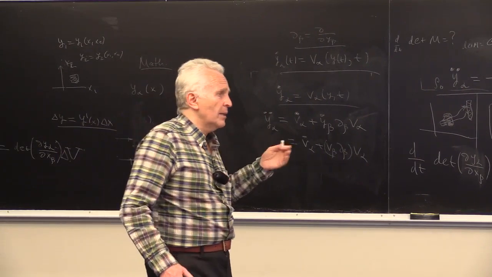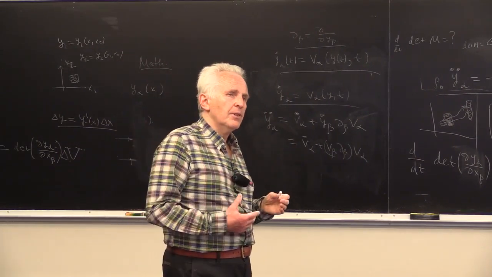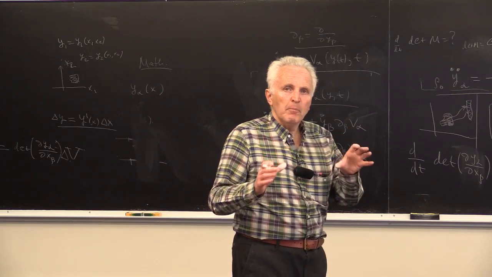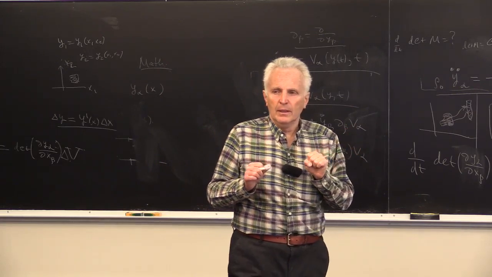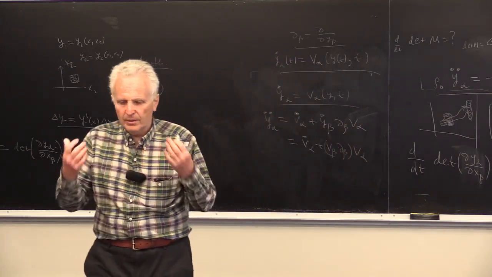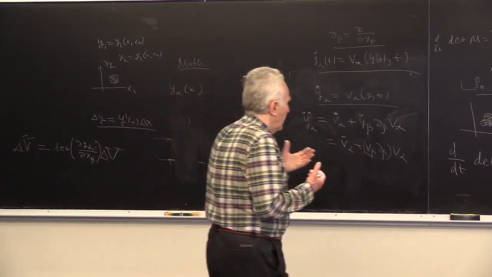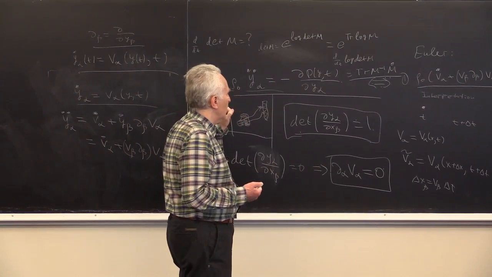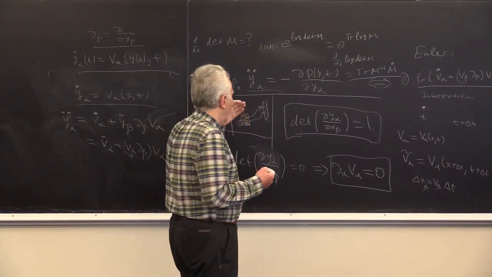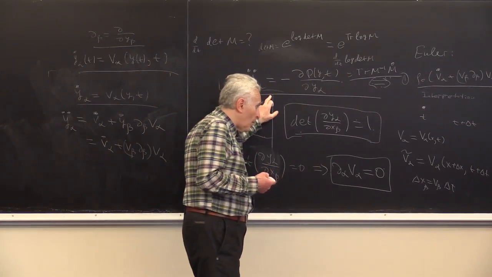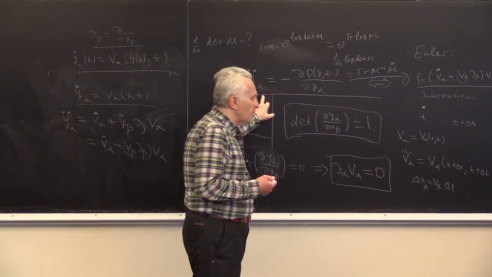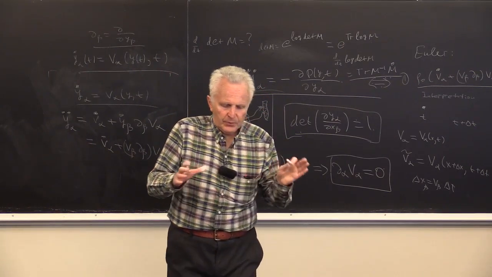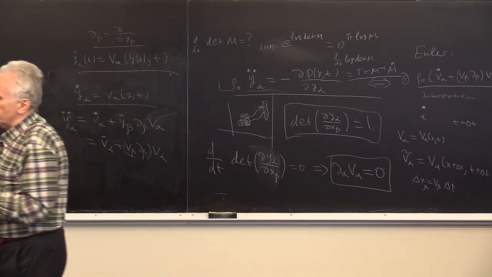So what's the difference? Can you think of it? That's a simple but subtle question. What is the ideological, so to say, difference between the Hamilton equation and the fluid and the Lagrange equation as far as incompressibility is concerned?